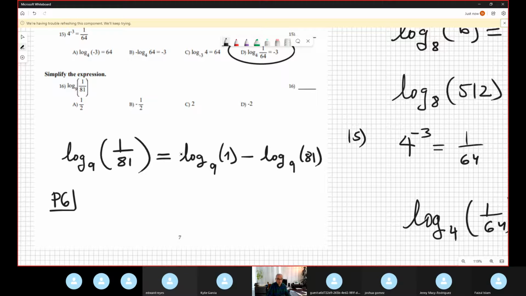But logarithm of 1 is 0 because property number 1 says logarithm of 1, regardless of the base 9, 10, e, whatever, is 0. So it is minus logarithm base 9 of 81.